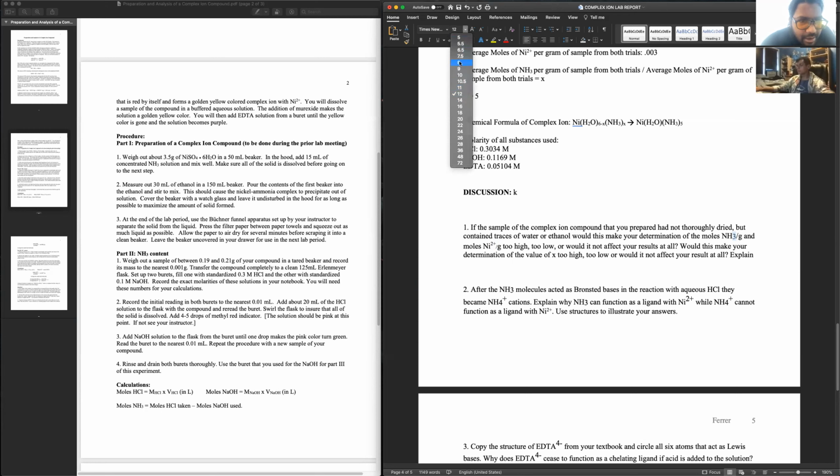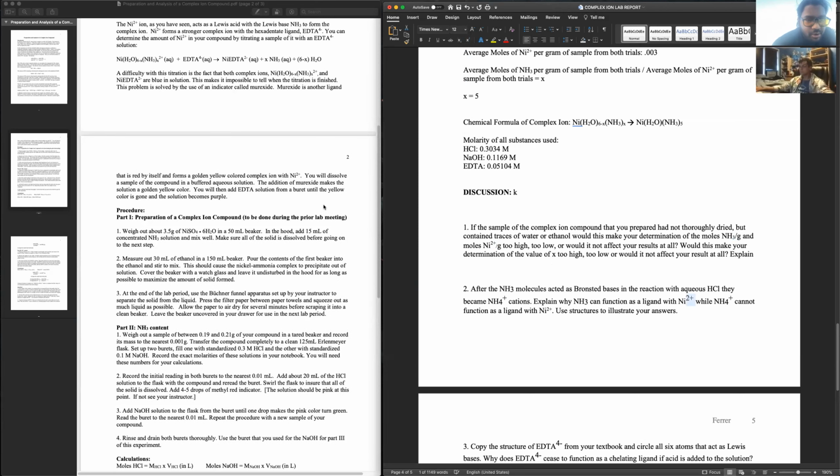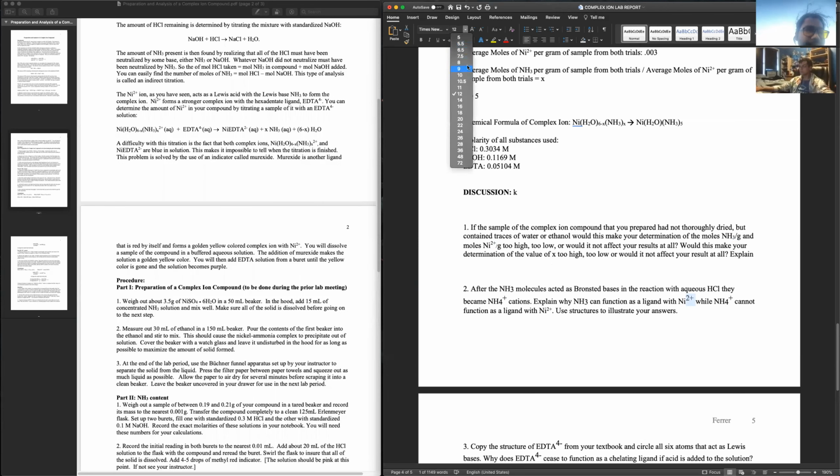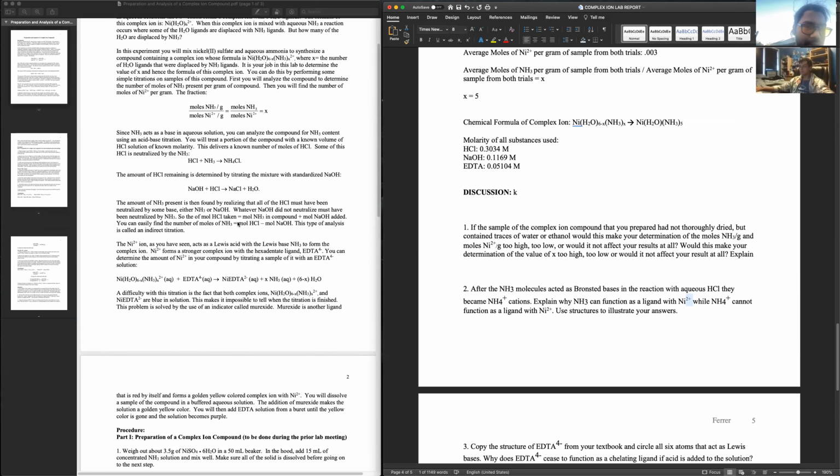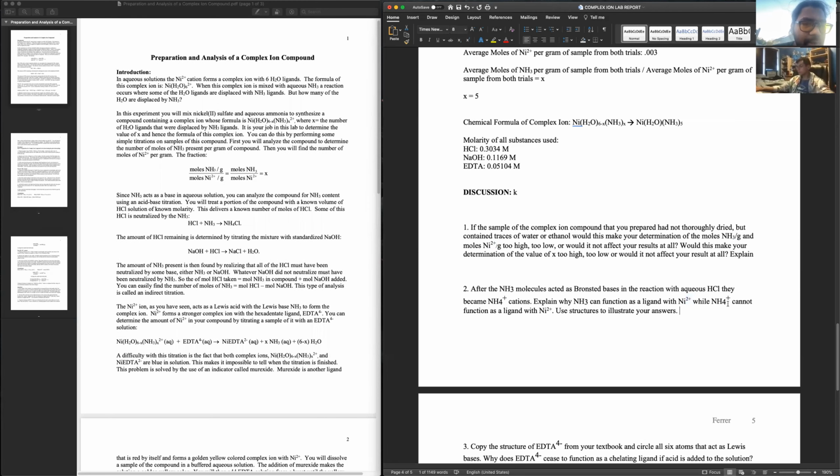Now, oh wait. What's above the procedure? Let me see, because I don't really know what the overall purpose of the lab is. If you go all the way to the top, let me see. Okay, all right, here we go. In aqueous solutions, the nickel cation forms a complex with 6 H2O ligands. When this complex ion is mixed with ammonia, a reaction occurs where some of the H2O ligands are displaced with ammonia ligands.